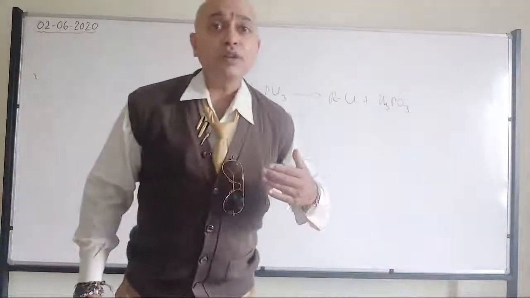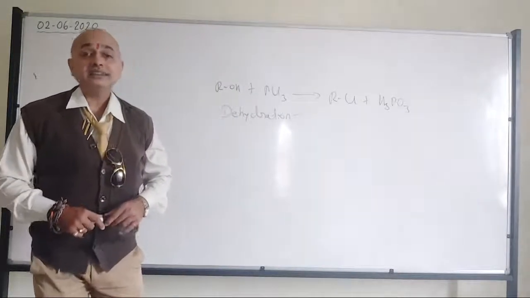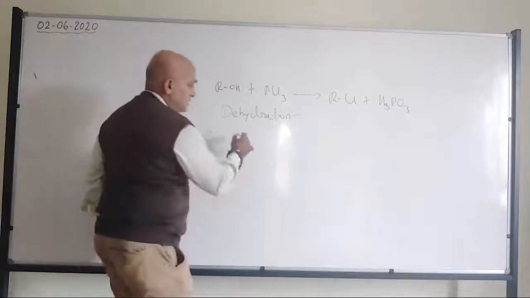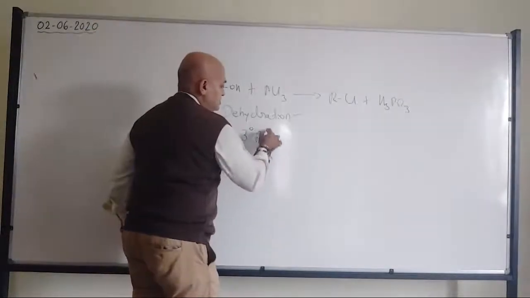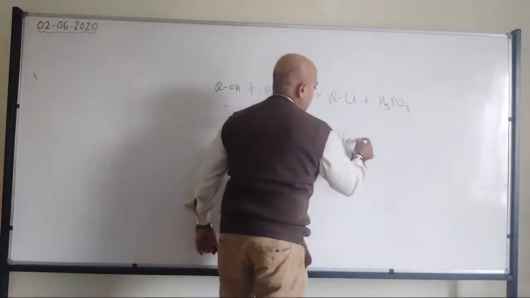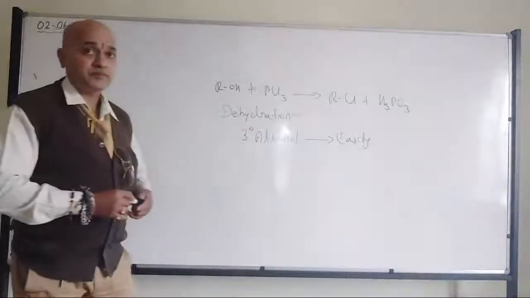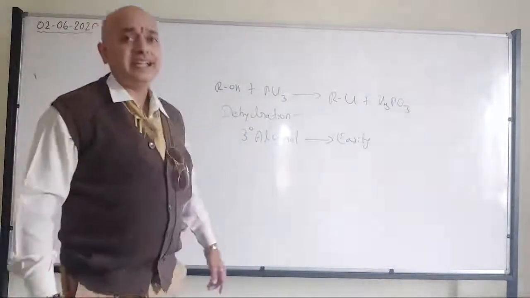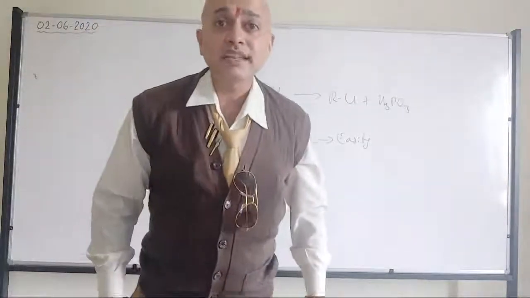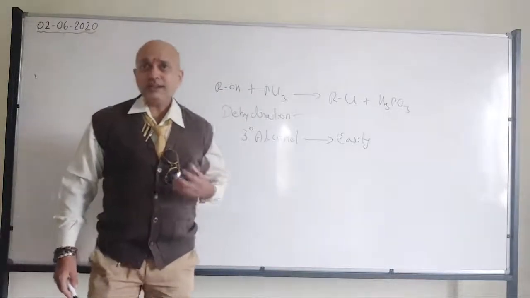Dehydration is the removal of a water molecule from alcohol under acidic condition. Here also we have seen that tertiary alcohol can be easily dehydrated. What is the reason? It is due to the stability of the carbocation, which is the intermediate.